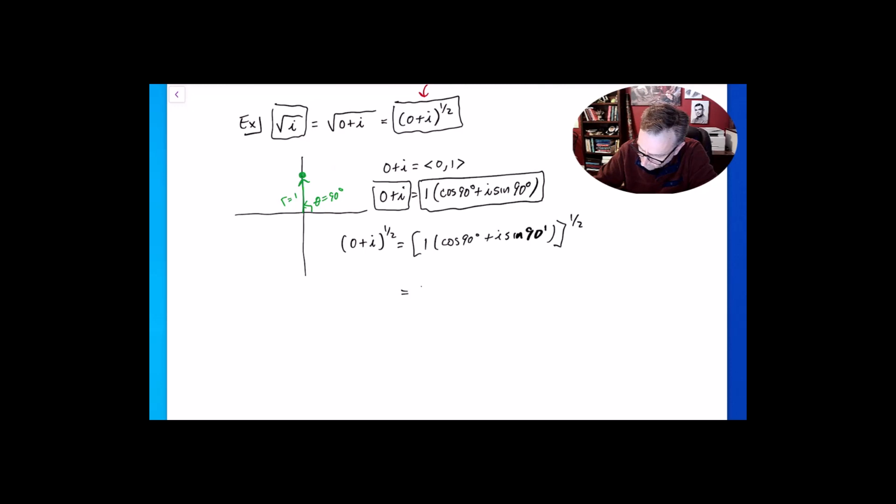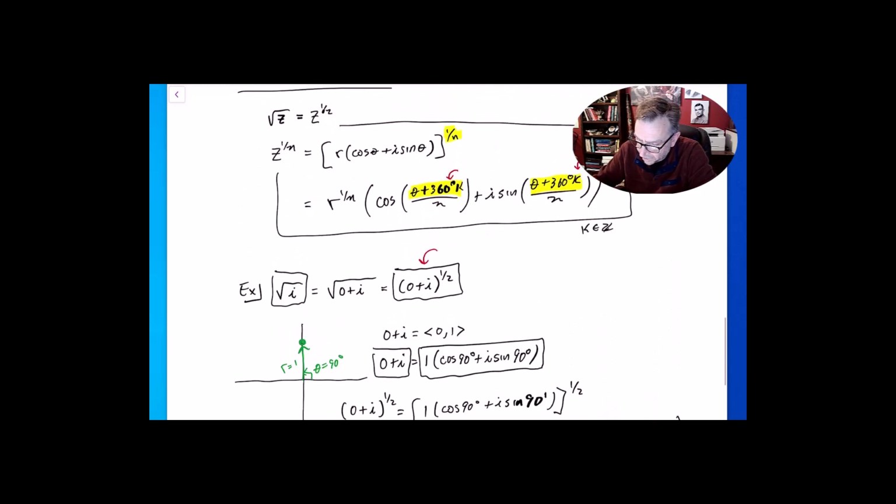So we get 1 to the 1/2 power times cosine of 90 degrees plus 360 degrees times k divided by 2, right? n is 2 in this case. Plus i sine the same angle, 90 degrees plus 360 degrees k over 2. All right, so this is DeMoivre's theorem for roots.